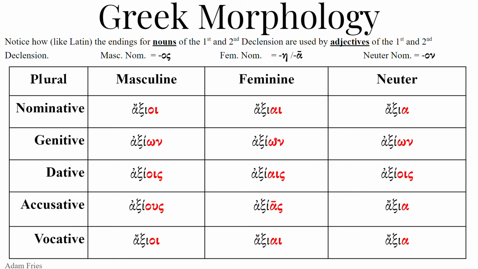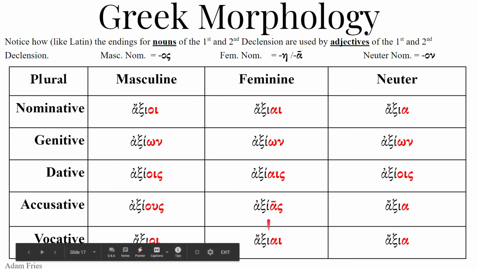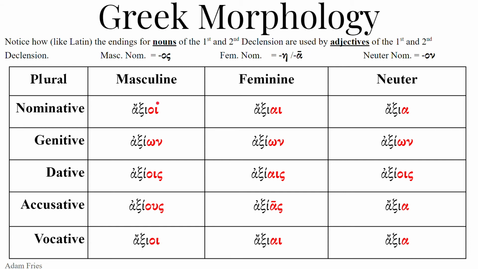Take a look here at the feminine genitive plural. It is not circumflex on the on. Remember, that is a thing for nouns, not for adjectives. This word is paroxytone. Note also, keep in mind that for the nominative masculine and feminine plural, those oi and ai, also for the vocative, they count as short for purposes of accentuation.